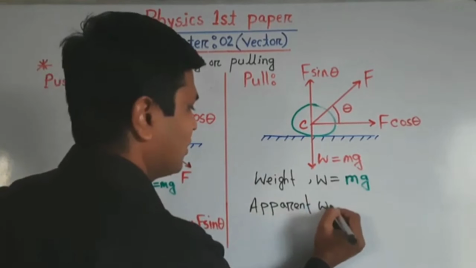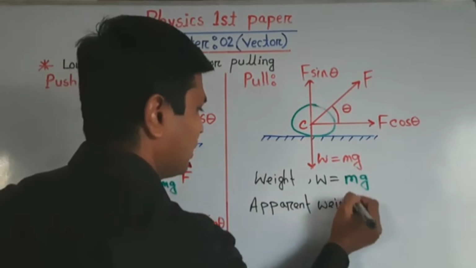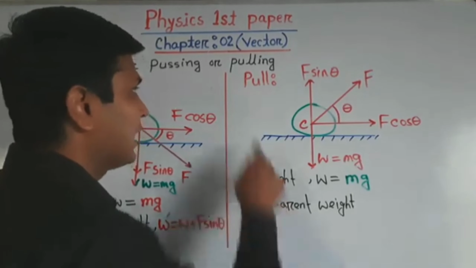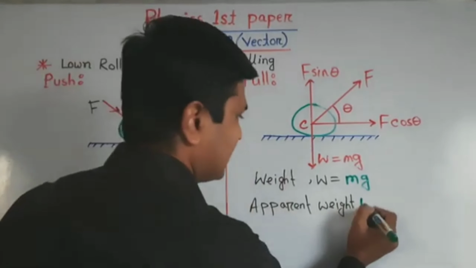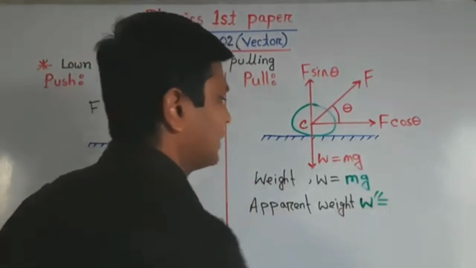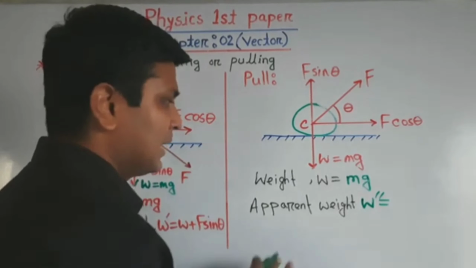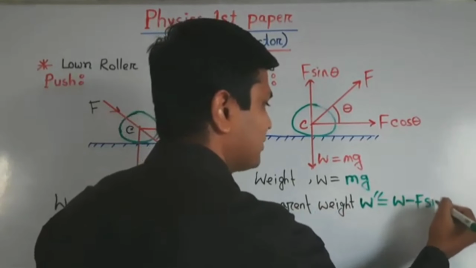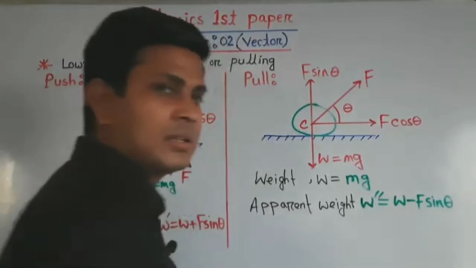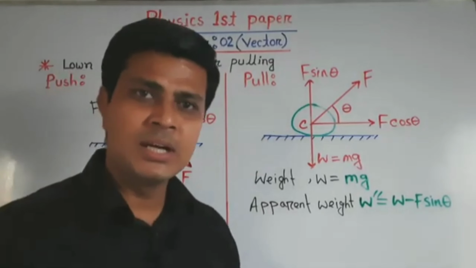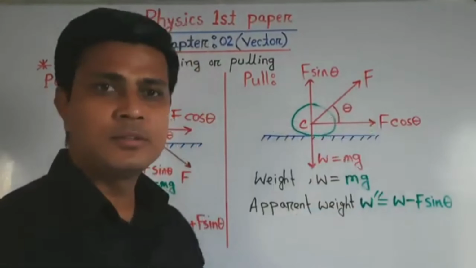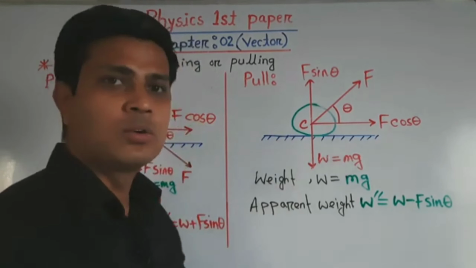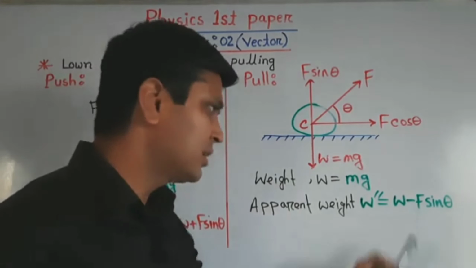Let's consider the apparent weight of the lawn roller in case of pull is W double prime and it will be the weight minus F sin theta, that is the vertical component of the applied force F. So you can see here the apparent weight of the lawn roller is decreased.